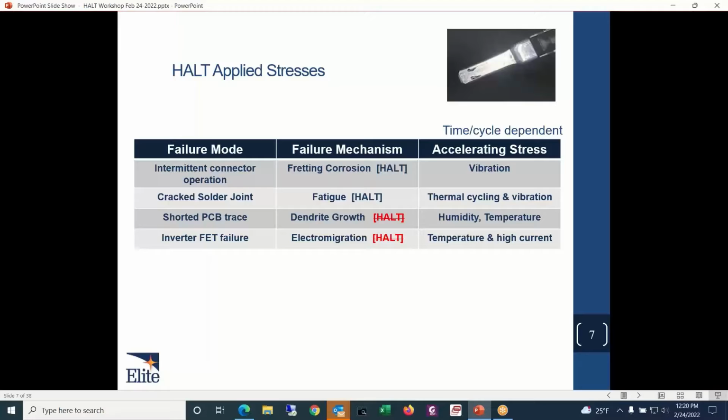That oxide then creates an impedance, and you end up getting high resistance here, eventually to the point where there's enough fretting corrosion that you lose signal contact. So when we see intermittent connector operation, we would want to diagnose the failure mechanism behind that.